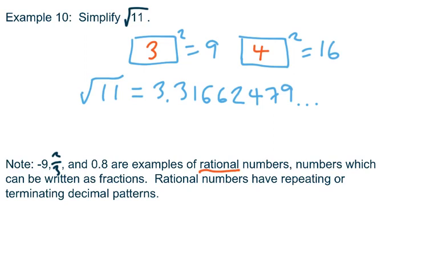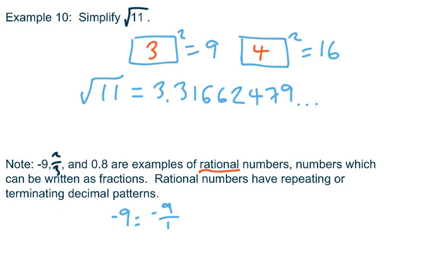All of these numbers can be written as a fraction. Even the -9, you could say that's -9 over 1. 2/3 is already written as a fraction. 0.8, we saw from the previous example, that's 8/10. All of these have repeating or terminating decimal patterns. You can see that in the -9, it's just -9, and 0.8 is just 0.8.